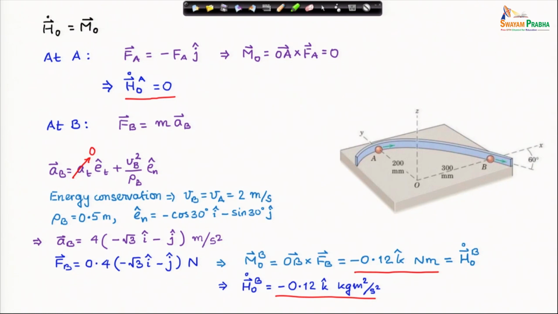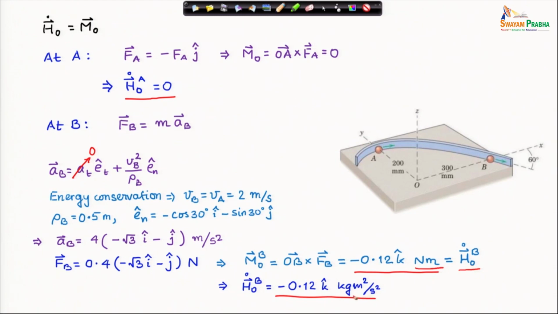Now, here I would like to point out the units of this, the rate of change of angular momentum about O. This is moment, Newton meter, and that is equal to the rate of change of angular momentum.